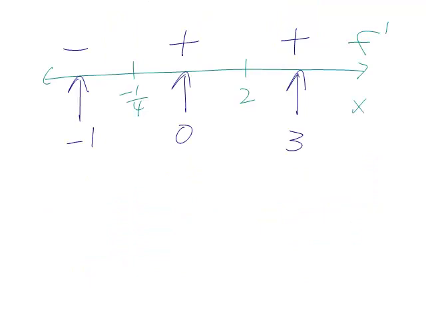Now we use the first derivative test, which basically means we look at each of these critical points and see what's going on before and after it. Over here at −1/4, the function was decreasing, f prime's negative before it, so the function goes down to f of −1/4, and then it leaves by going up. If you go down and then up, that means it's a relative minimum.